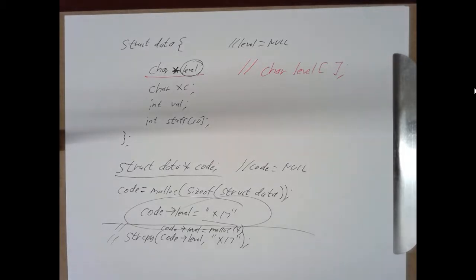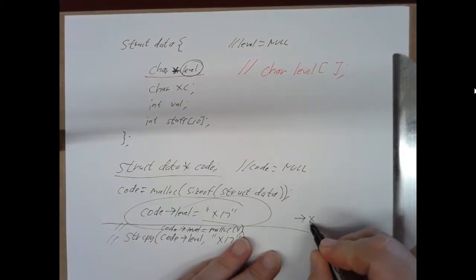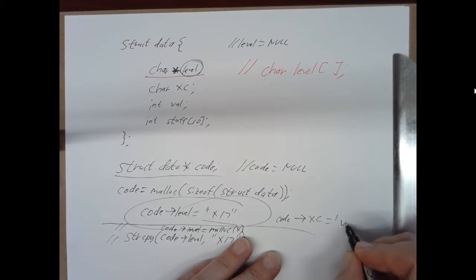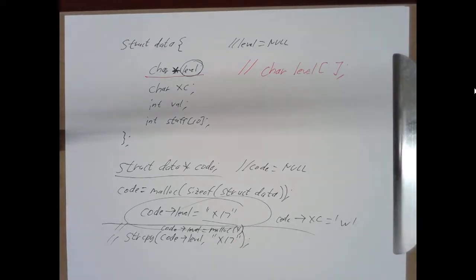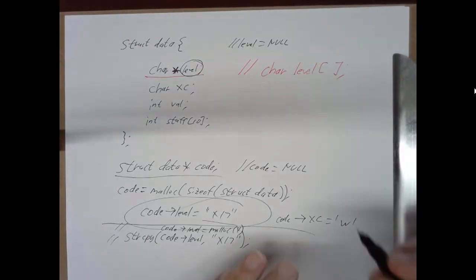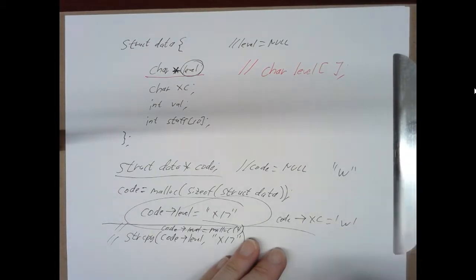All right, so code arrow xc equals quote w, right? So single quotes for a character, double quotes for a string. This is not a character. This is an address. Okay, it's an address in memory where you will find a W followed by a null terminator.